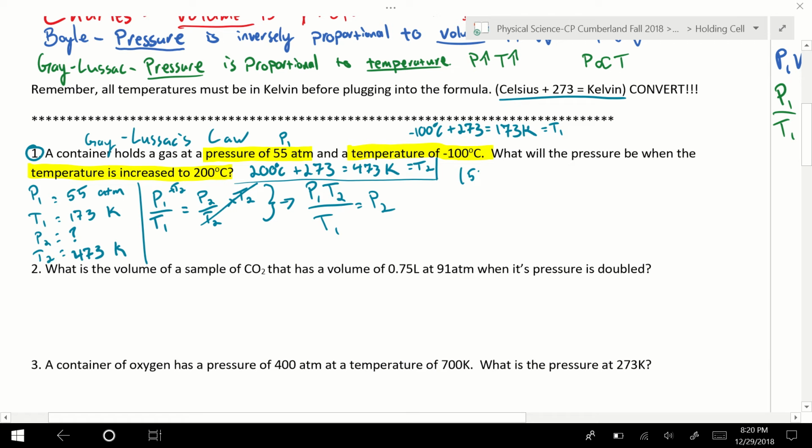So 55 atmospheres times 473 for T2. Make sure you get that Kelvin in there for the units. And 173 Kelvin for T1. You solve this out, it will give you P2.